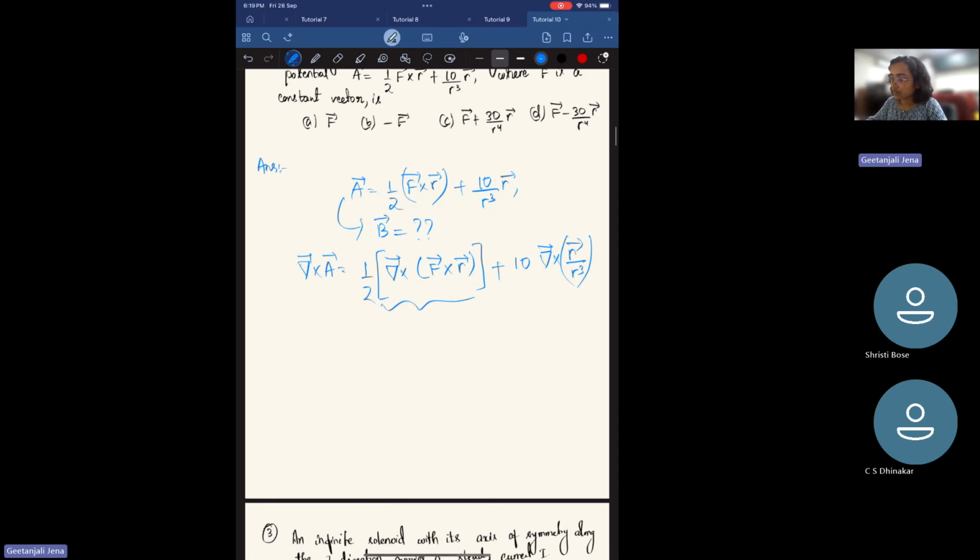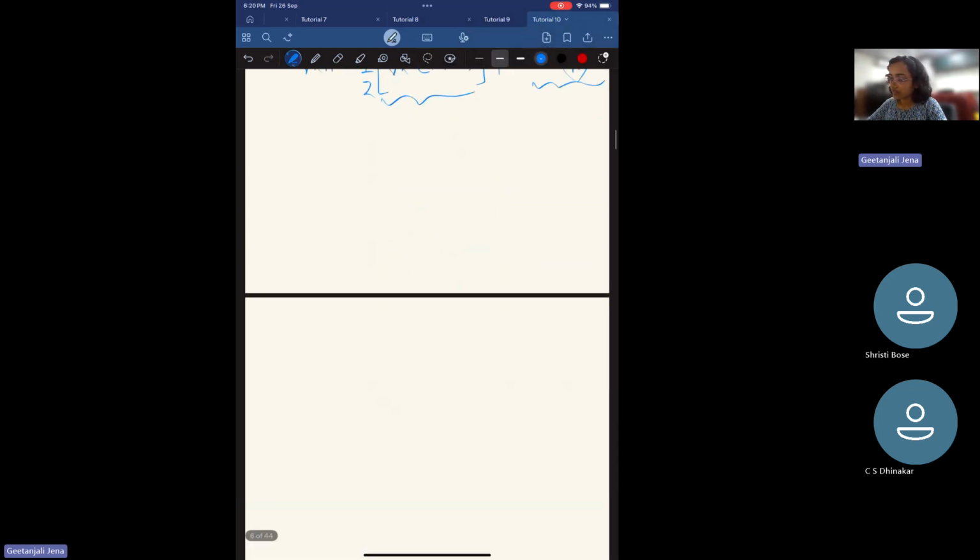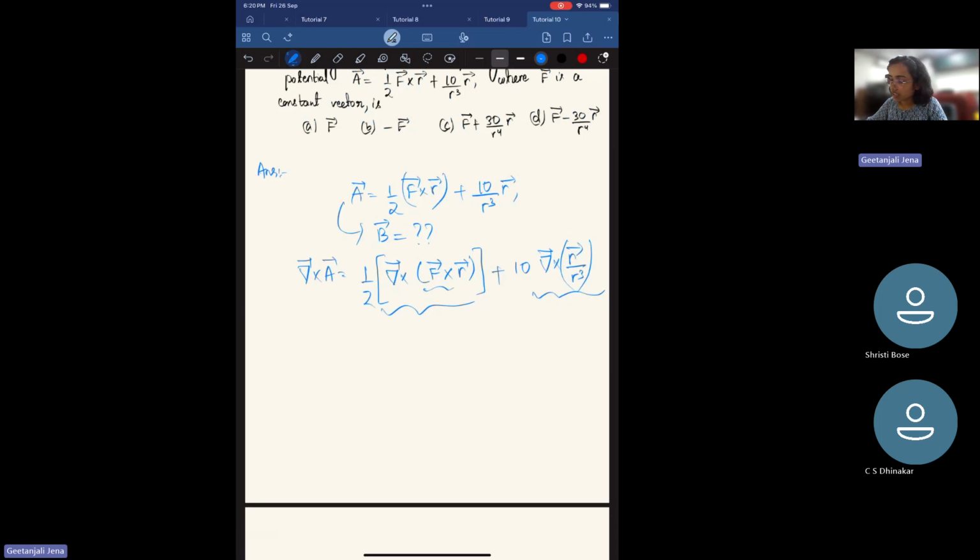So you need to find out what will be this expression and what will be this expression. First let us see what will be this expression, then we'll take the curl and the total contribution of this first part.